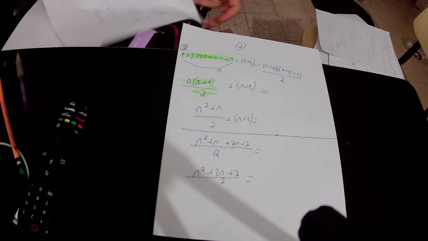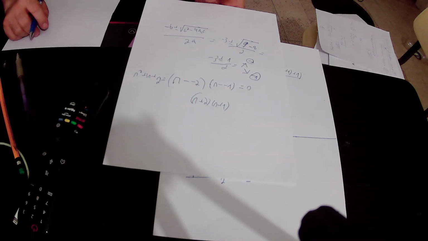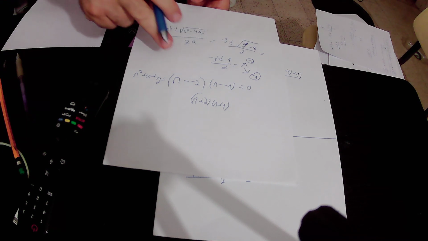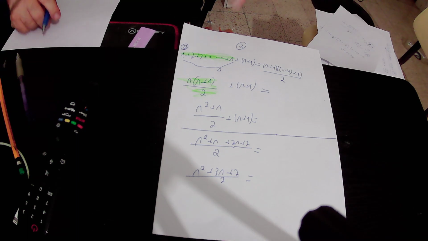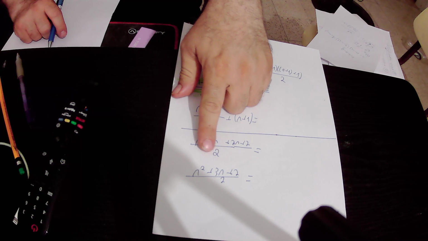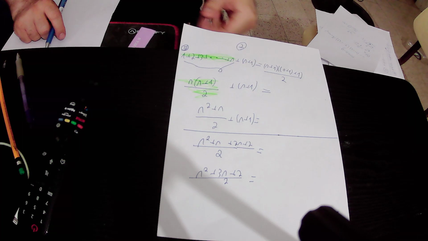Okay. It is n plus 2 times n plus 1, so we can substitute this by n plus 2 multiplied by n plus 1.